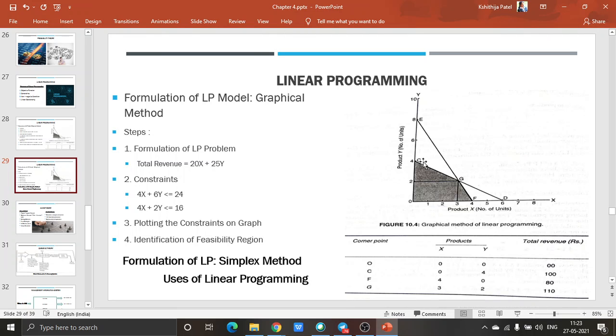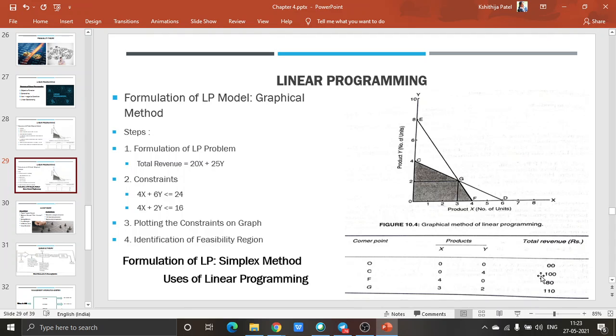For the corner point C, X shall be 0, whereas Y shall be 4. For corner point F, X shall be 4, whereas Y shall be 0. And for the corner point G, X shall be 3, Y shall be 2.